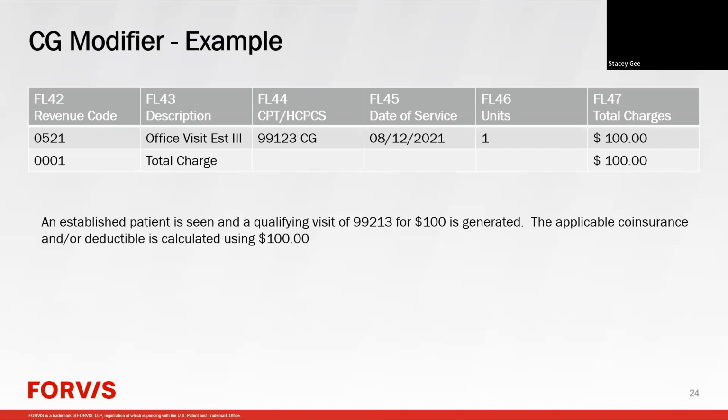The applicable coinsurance and or deductible is calculated using the $100. So the CG modifier is going to go on this qualifying visit line right here. And I see a typo, that should be 99213. So that's what the CG modifier example looks like.